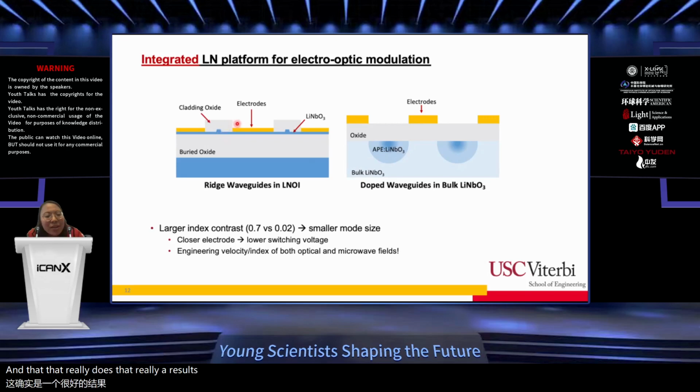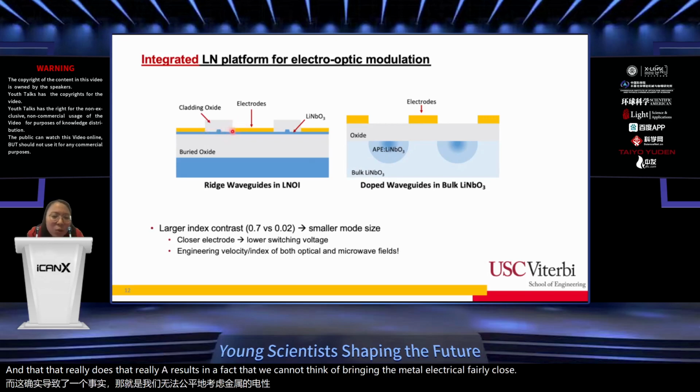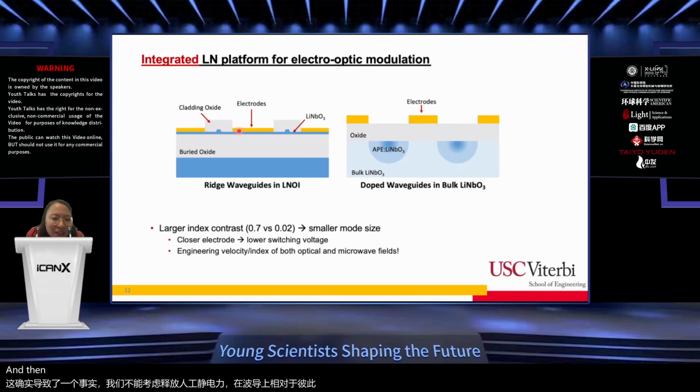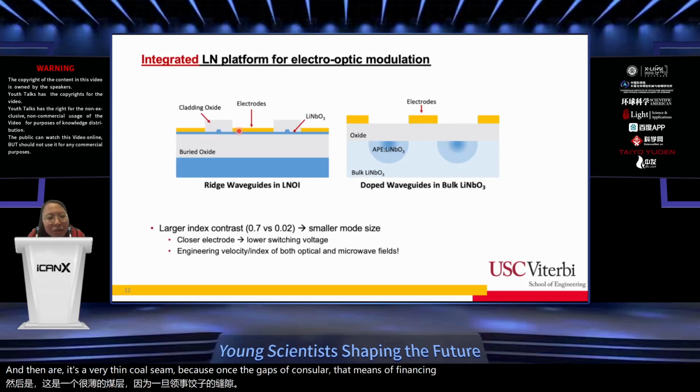results in the fact that we can now think of bringing the metal electrodes fairly close to each other across the waveguide. And then it's a very simple thing, because once the gaps become smaller, that means if you apply the same voltage, you can get significantly higher electric field.